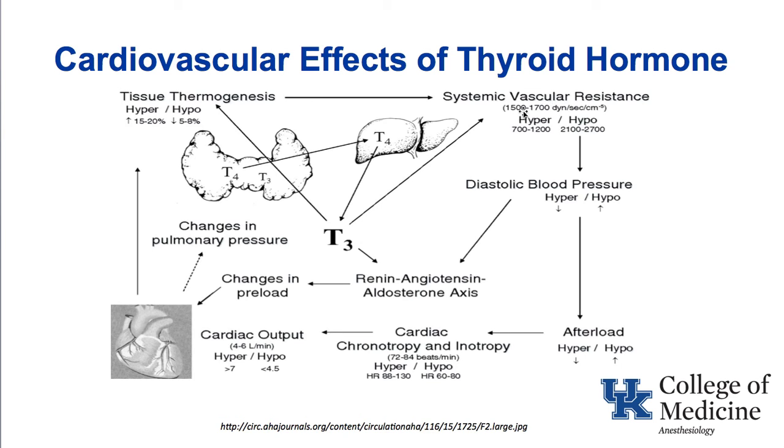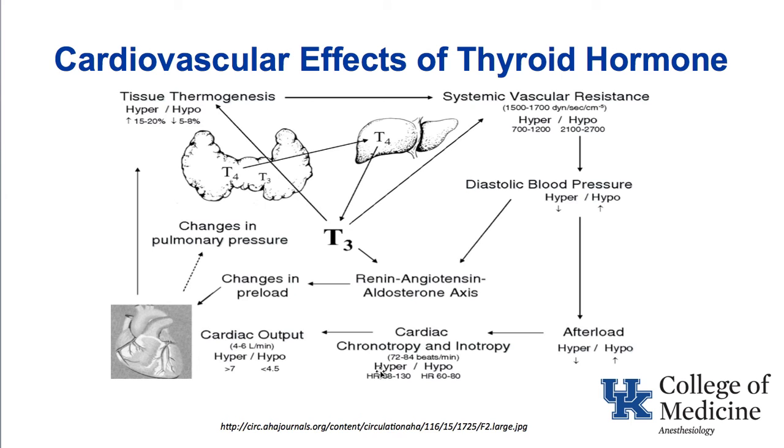The first 1500 to 1700 dyne second centimeters to the minus fifth is approximately normal, while some approximate values are given here for hyperthyroidism, that is, lower systemic vascular resistance, lower diastolic blood pressure, and with that lower diastolic blood pressure, activation of the renin-angiotensin system and increased preload. And with hyperthyroidism, cardiac output goes up from the normal approximate 4 to 6 liters per minute to, for example, greater than 7, as represented down here. And with hyperthyroidism, you also get chronotropy, or increased heart rate, and inotropy, or contractility of the heart, and afterload is reduced.